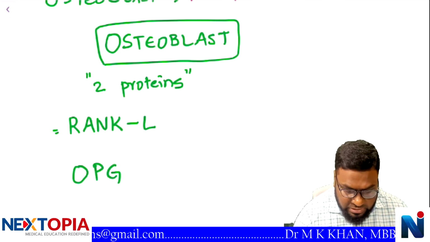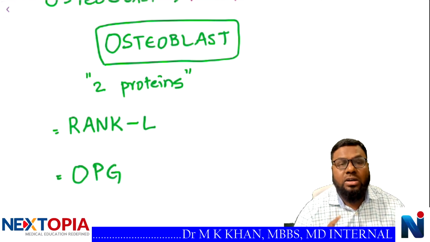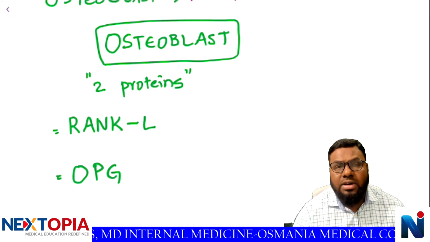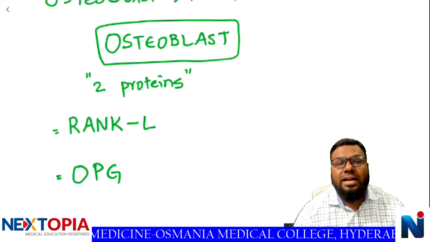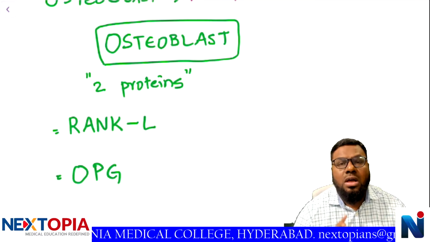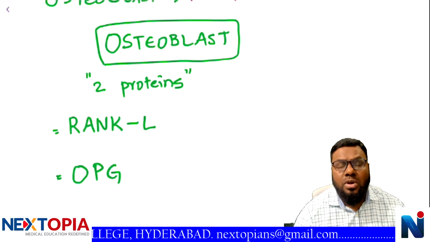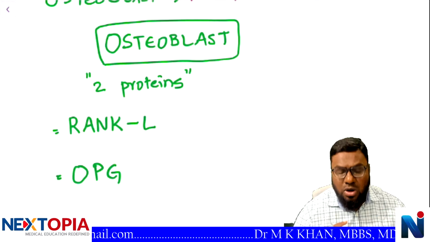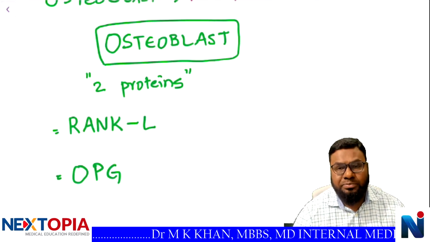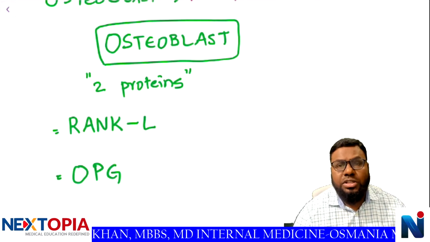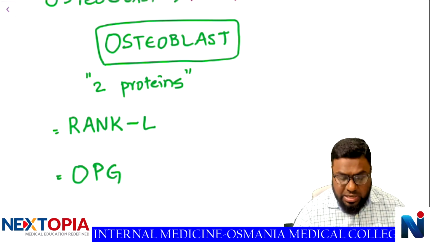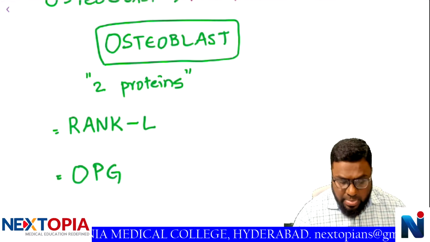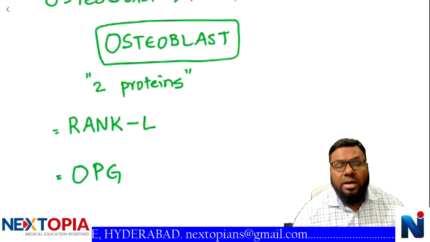You will have to remember this point always. Two important proteins are responsible for the activity. We have got RANK ligand, which helps in differentiation of osteoclast, and the osteoclast, which has RANK receptors, its activity is increased.